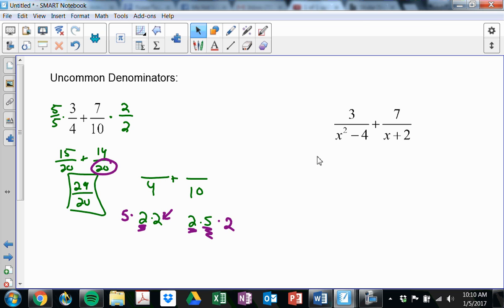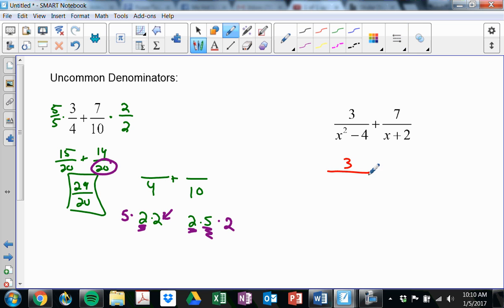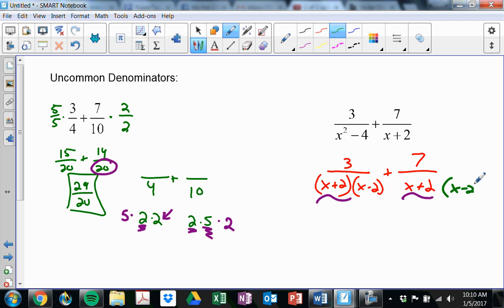We can kind of play the same game when we have these rational expressions. x squared minus 4 is going to become x plus 2 times x minus 2. I can factor it. Right now, they both share an x plus 2 term. I need to make this have an additional x minus 2, which I'll multiply the top and the bottom by, to match up with this x minus 2 over here.